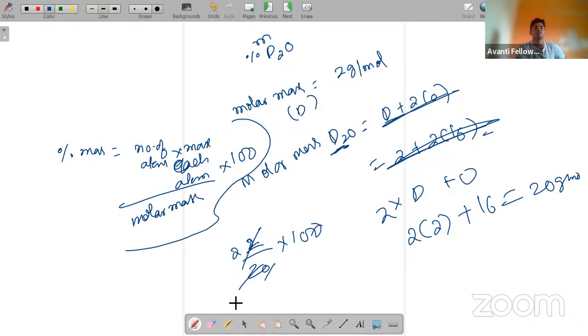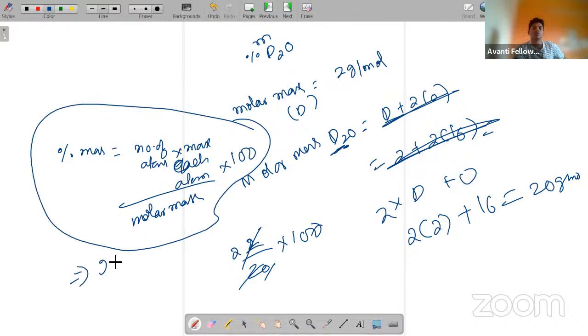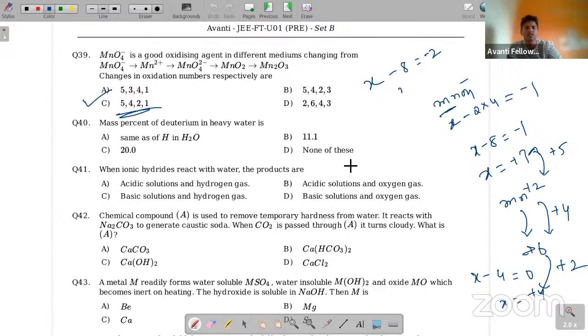Number of atoms is 2. Atomic mass of deuterium is 2, divided by the molar mass, which is 20. So this will become 20%. Very easy question, guys. So the answer will become 20%.